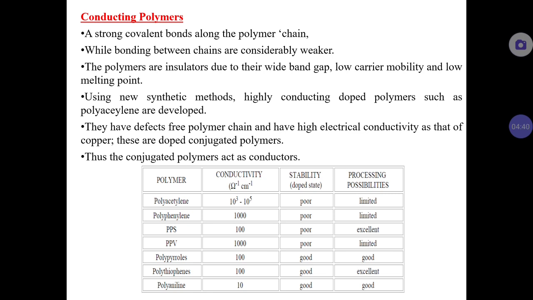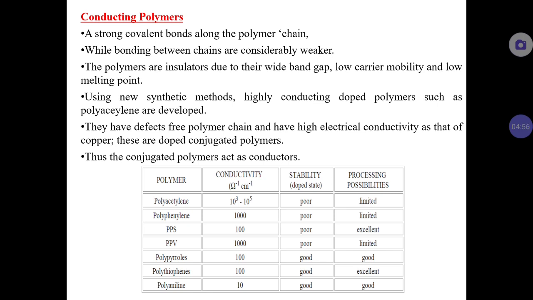These materials are under research, and scientists are trying out different kinds of polymer materials that can have very good conductivity values and processing abilities.